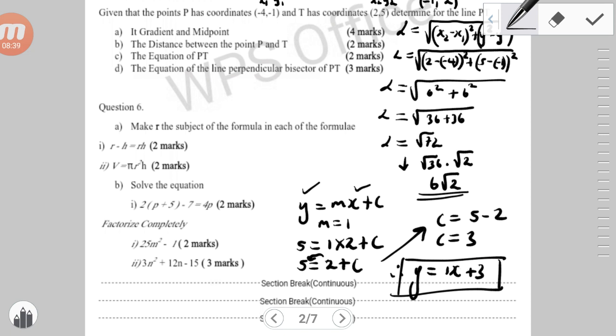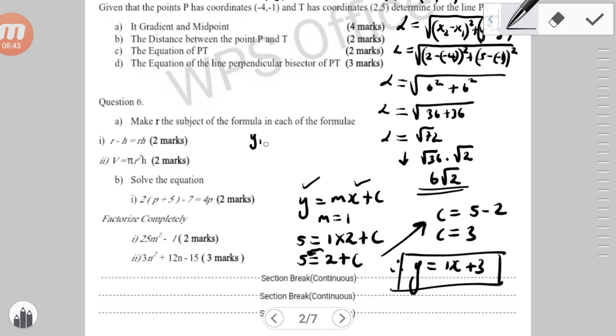That's how we get that done. Now if you're interested in using the formula that I had indicated in one of my previous tutorials, where I showed you how to improvise by using the formula y minus y1 equals m times x minus x1, some of you may think it's a little bit harder, but this is a transpose formula that prevents you from actually calculating the value of c.